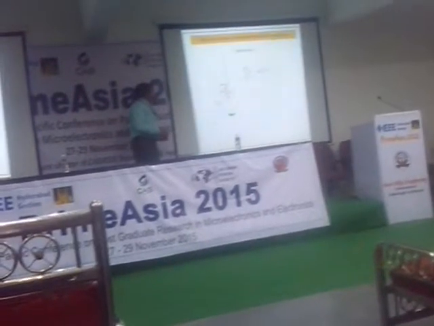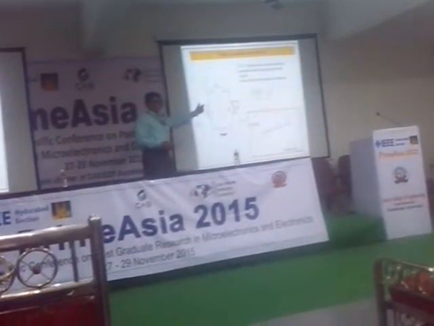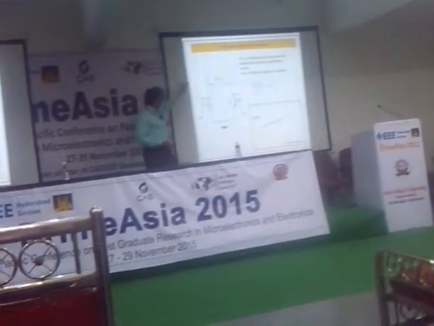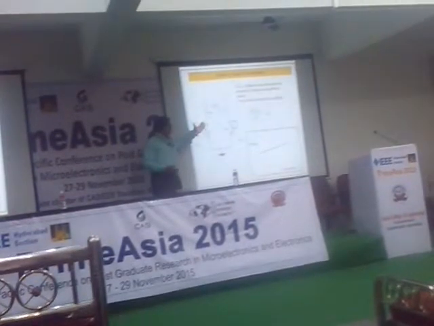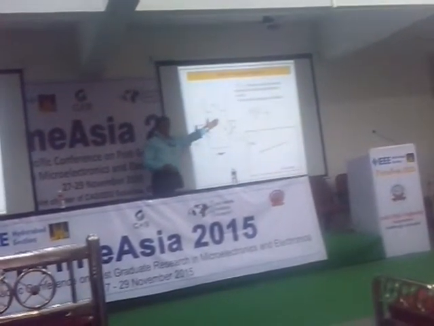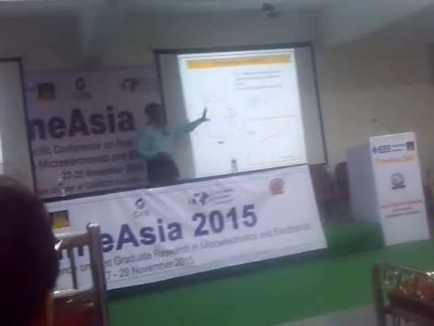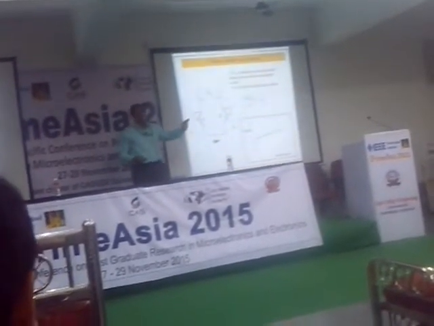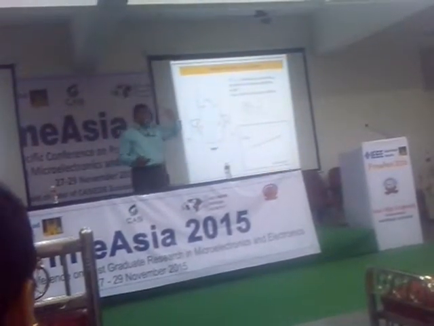An example of PTAT is the difference in VB, delta VB. If you have two different currents passing through two different diodes, the difference between the two voltages is PTAT. How is VB related to IC? IC is equal to IC naught into e power VB by eta VT.